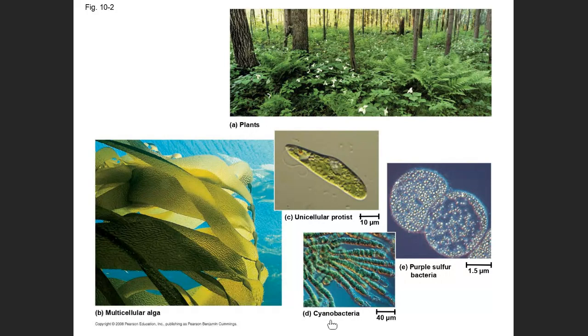Cyanobacteria is a fancy word for blue-green algae. So cyanobacteria are prokaryotes, but they also are a type of algae, and they're big. I mean, these form long threads of green algae, and they can form thick mats on bodies of water like ponds and lakes. And so they're big, easy to see. They're photosynthetic.